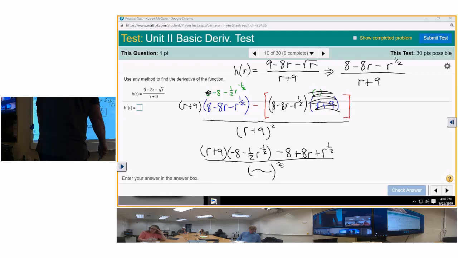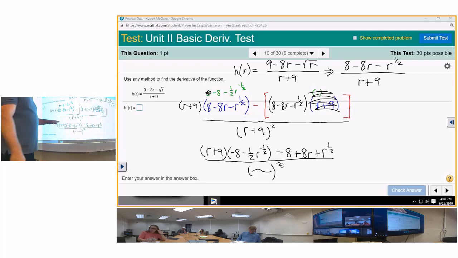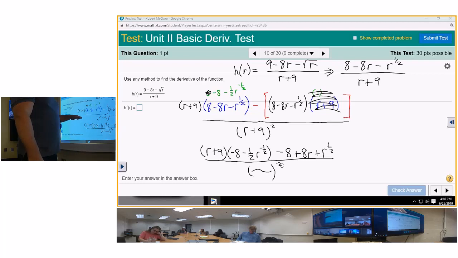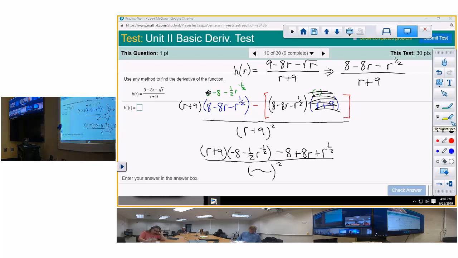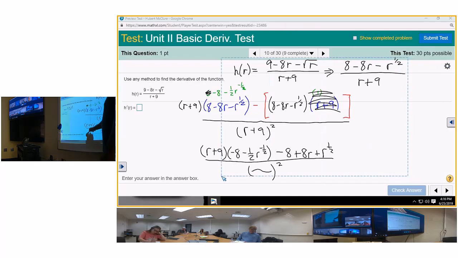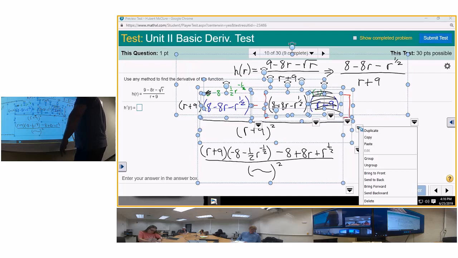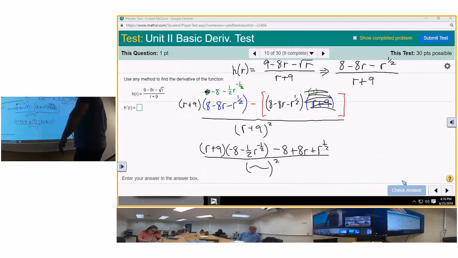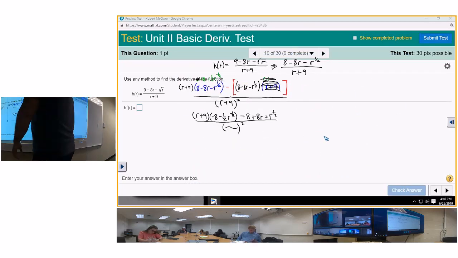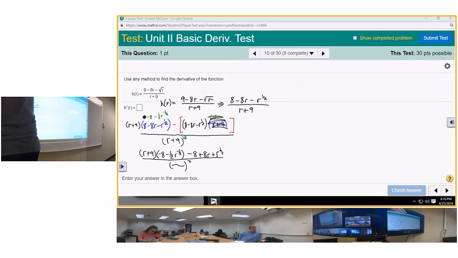All over. Do we really care about the denominator at this point? No. So it looks like to me we might have to use the FOIL method. That's what it looks like. So I'm going to make this smaller. And I've never seen this problem before. I'm just going with what I think is what they're wanting. I think they're wanting you to do the FOIL method.